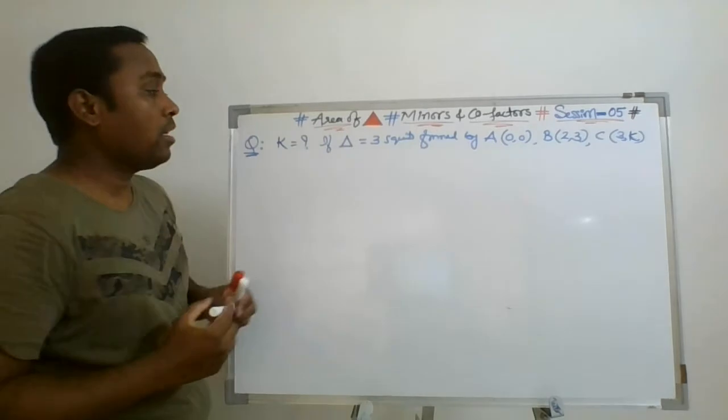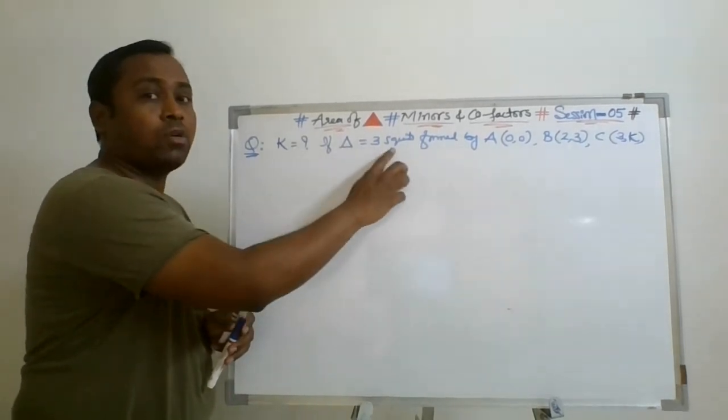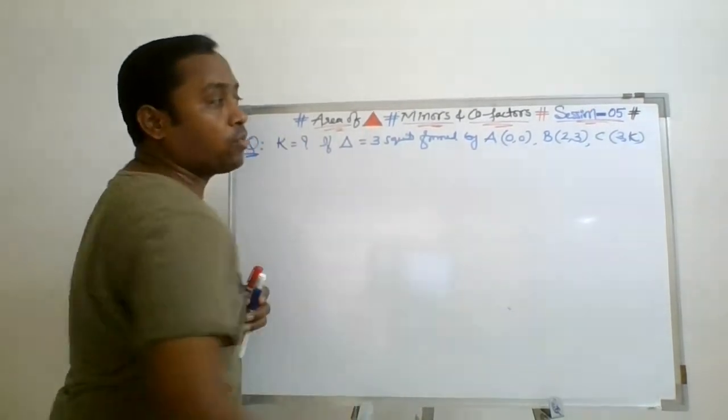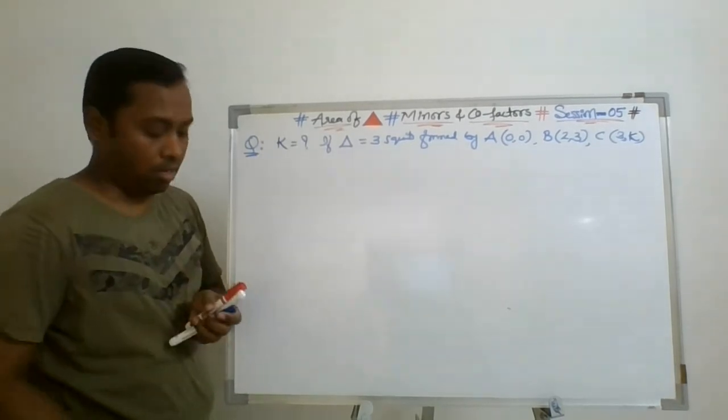I repeat, find the value of k if the area of the triangle is equal to 3 square units, which is formed by the 3 coordinates (0, 0), (2, 3) and (3, k).